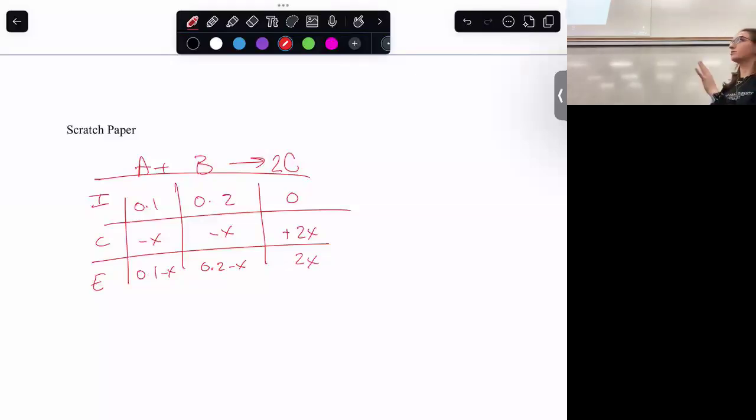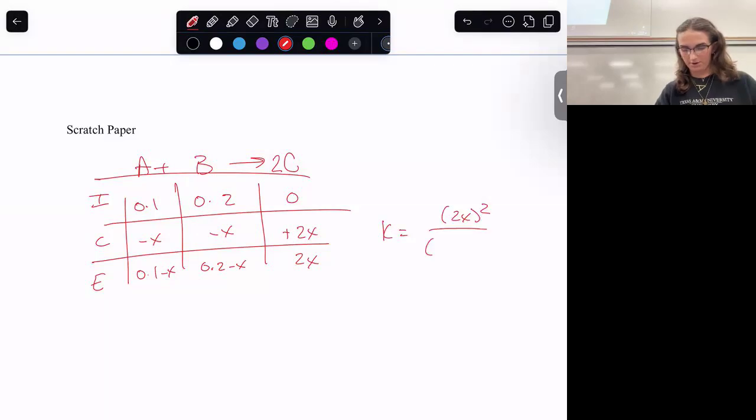So, right, if we have this scenario, then our K becomes 2x squared over 0.1 minus x times 0.2 minus x. So this would probably be one that you would have to use the quadratic formula for.